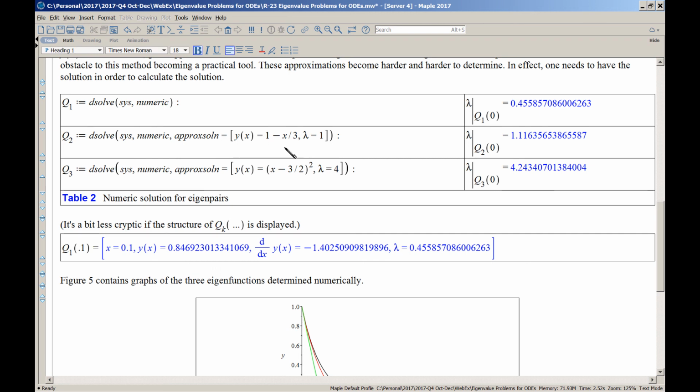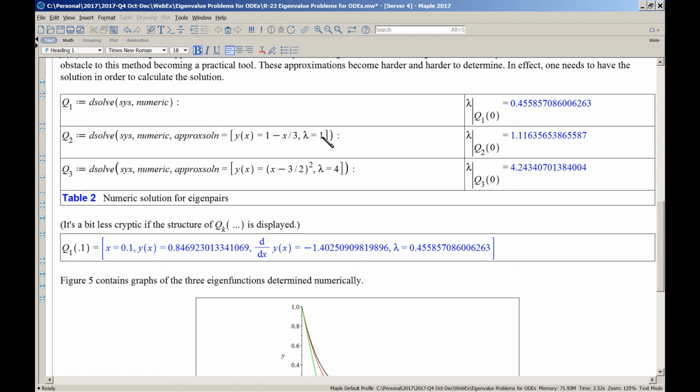Now you can continue trying to get the next eigenvalue. See, now Maple needs a lot of help. You've got to give it an approximate solution for the eigenfunction. So you need to know what the eigenfunction looks like. So very much like the Rayleigh-Ritz technique, which I'm going to be looking at in a future webinar, you almost need to know what the eigenfunctions are before you calculate what they are.